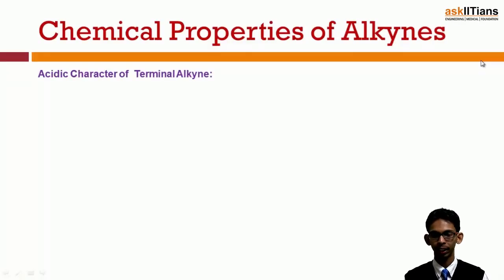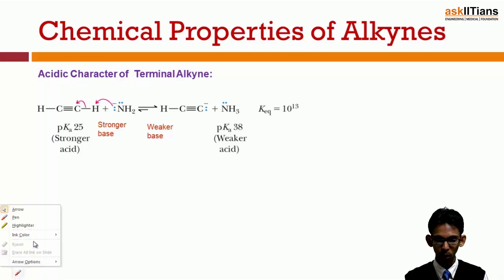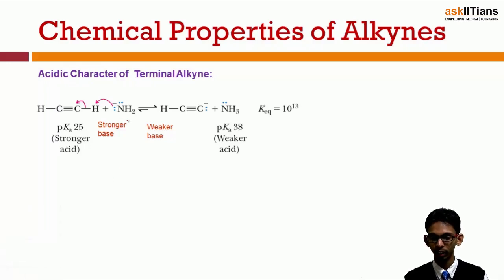Chemical properties of alkynes. Actually the terminal alkynes are acidic in nature. Those alkynes which contain a hydrogen at the triple-bonded terminal carbon show acidic nature, and they react with strong bases like sodium amide to form a conjugate base. So this reaction shows the acidic character of terminal alkynes.